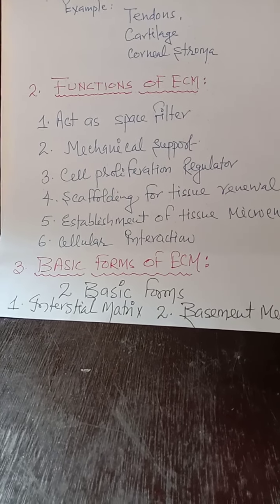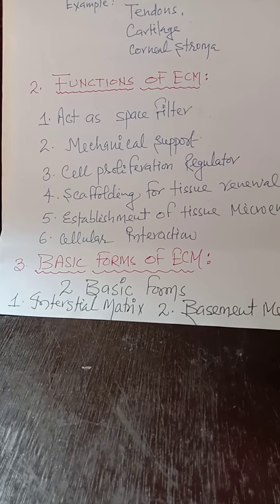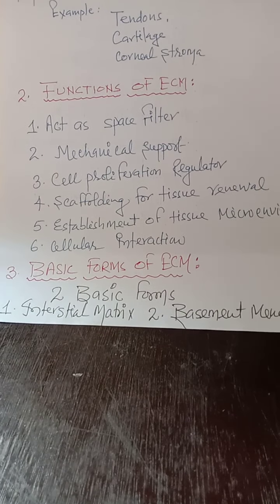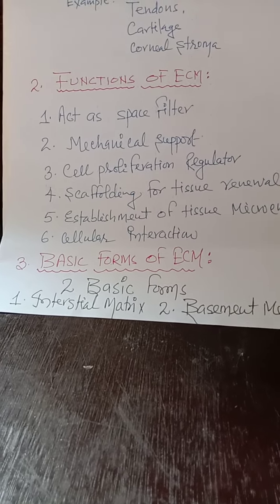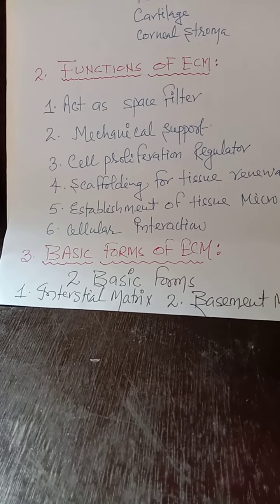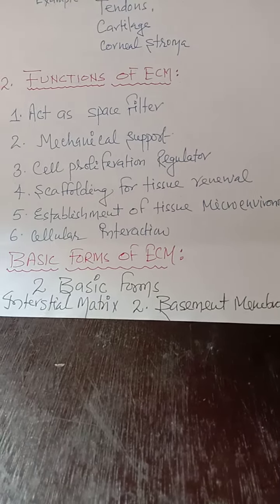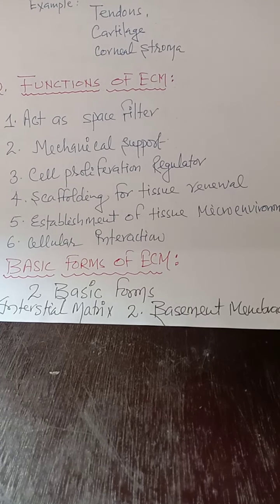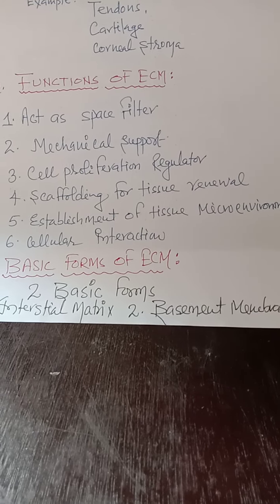You can say it is also responsible for making a boundary, such as the epithelial tissues, basement membrane, etc. That's why it is also responsible for establishing the tissue microenvironment.